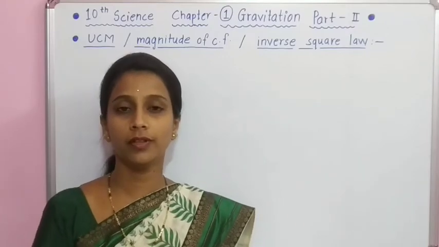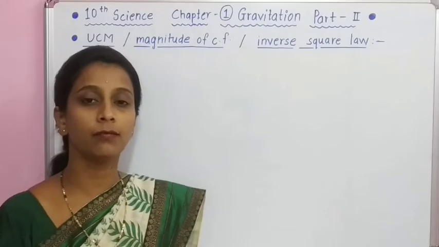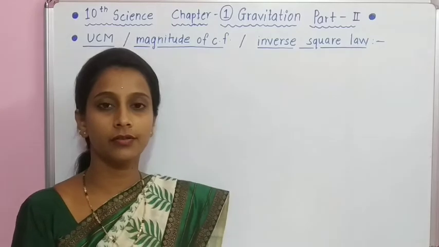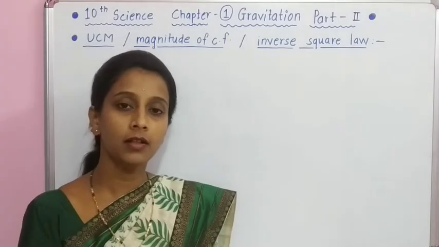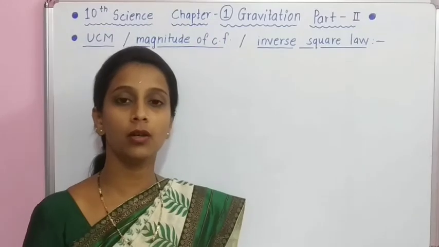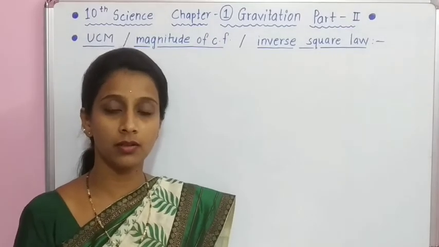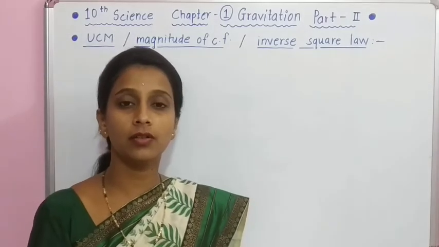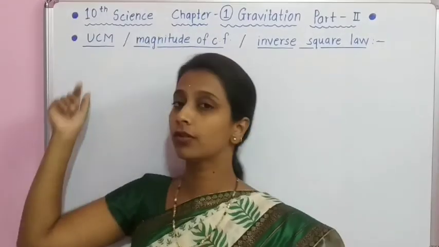Students, before this we have studied circular motion and centripetal force. The motion of an object along a circular path is called circular motion, and if the object moves at a constant speed, then it is said to be uniform circular motion.